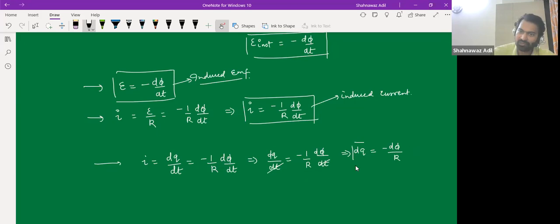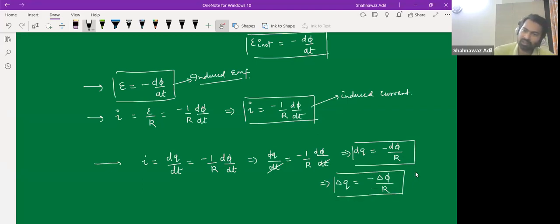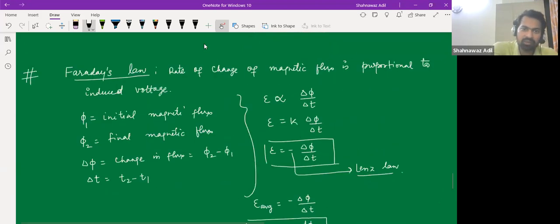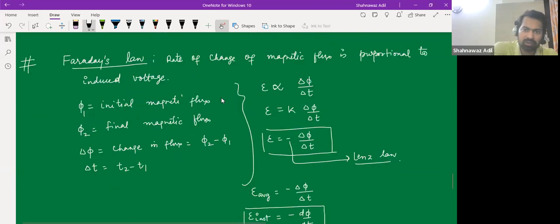If we write it in average terms, delta q is minus delta phi by r. This is the induced charge. Any problem in these, guys? No. Okay, so please note it down, and then we do some numericals.